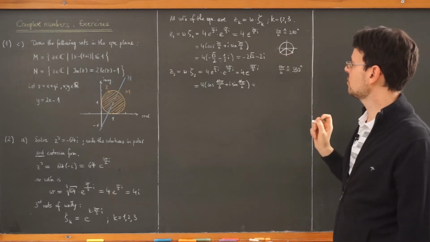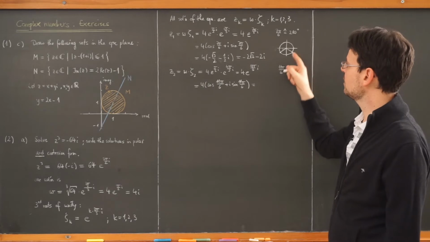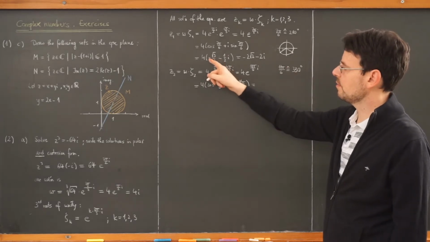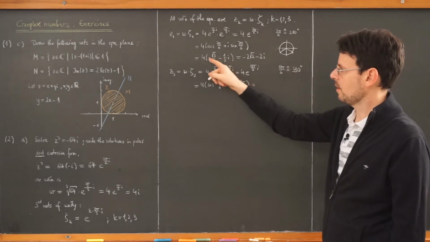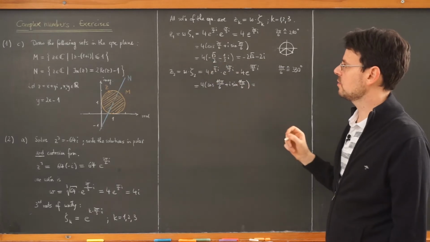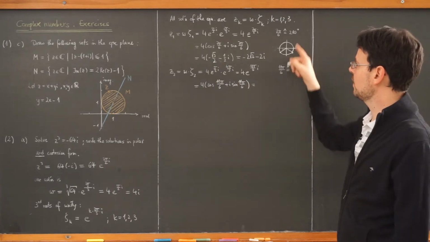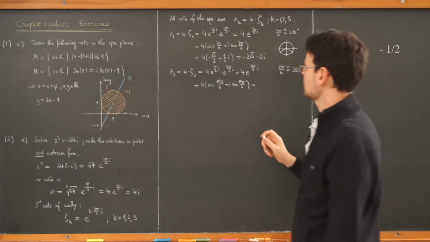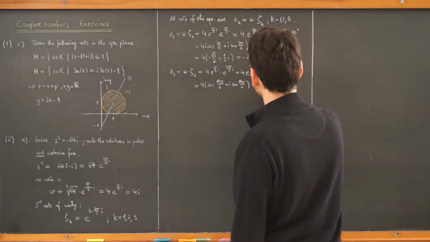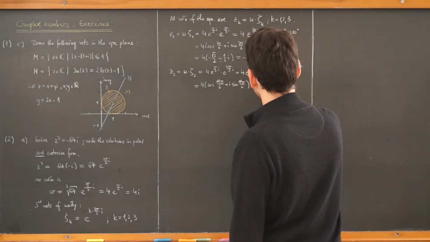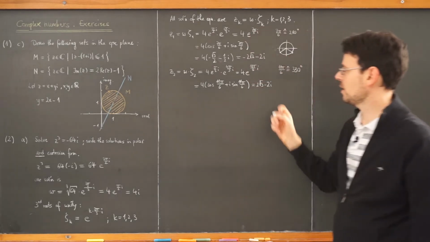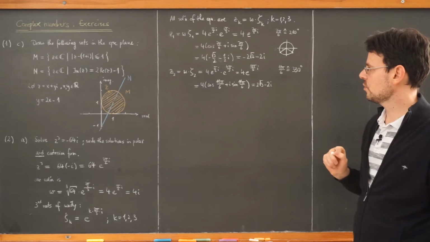So by symmetry on this unit circle here, I see that the cosine is the positive value of this, so square root 3 over 2, and the sine is minus 1/2. So I end up with this solution here.